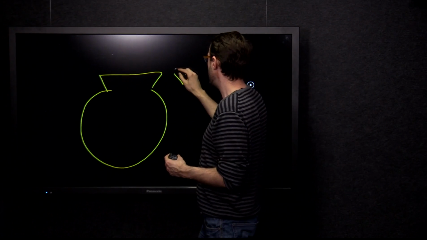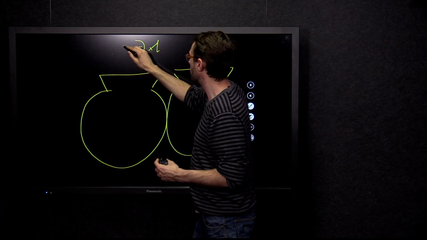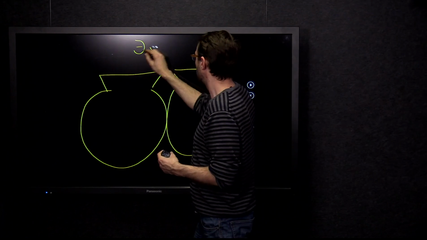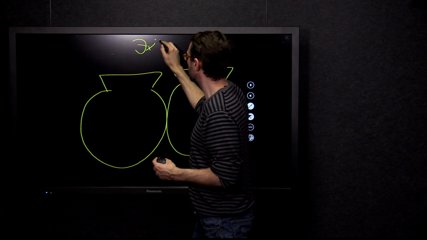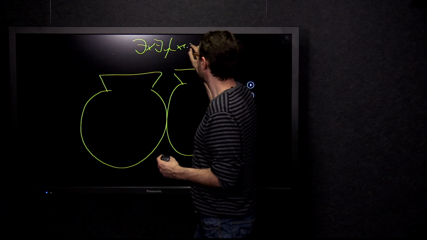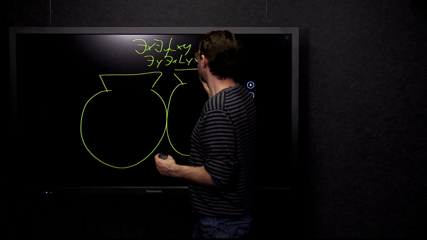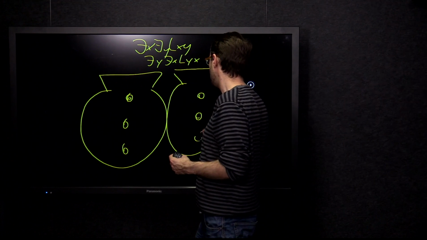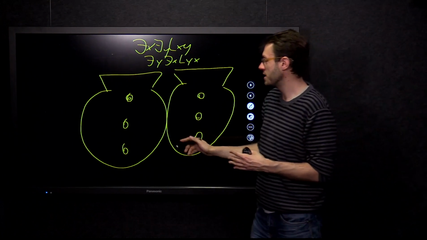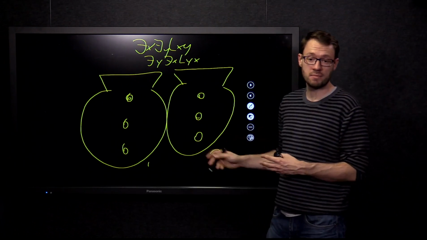I've got the same bags. So the first time around, I drew something coming from the first pick to the second pick, and I said that something loves something in the bag.